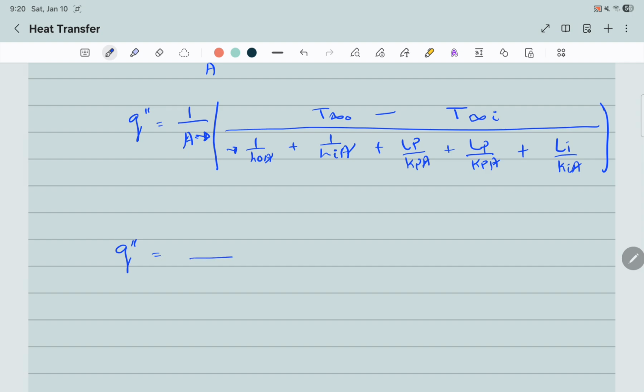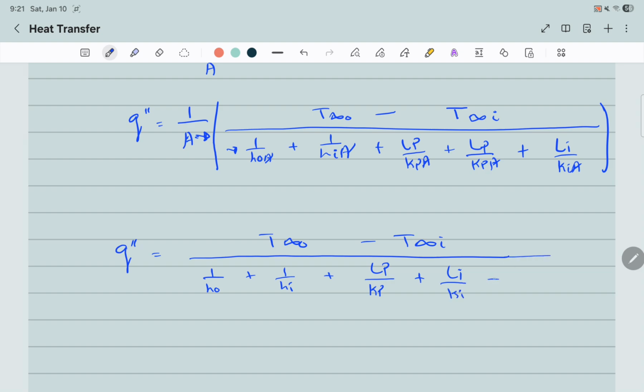We'll end up with heat flux equals T infinity outer minus T infinity inner over 1 over h_o plus 1 over h_i plus L_p over k_p, no, the A's cancel, plus L_i over k_i plus L_p over k_p.